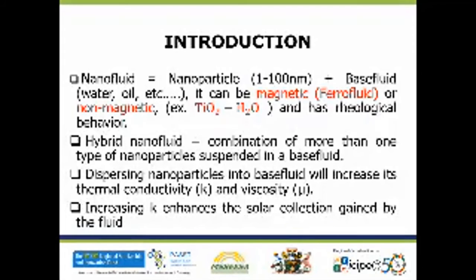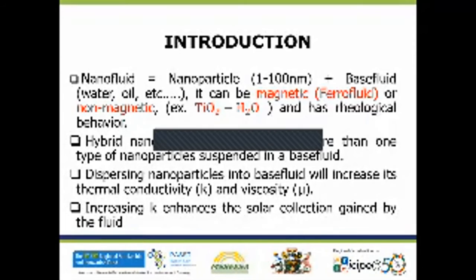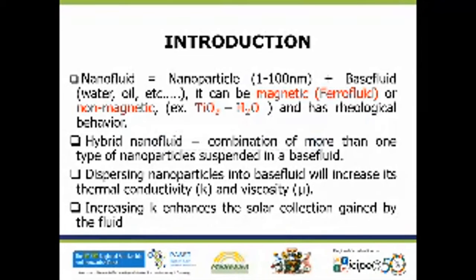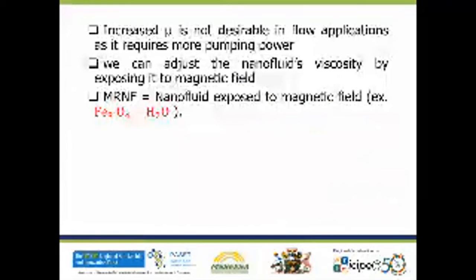In my case, working in solar collection, increasing thermal conductivity K is desirable because it will increase the heat gain. But increasing the viscosity is not desirable, especially in flow applications, because it requires more pumping.